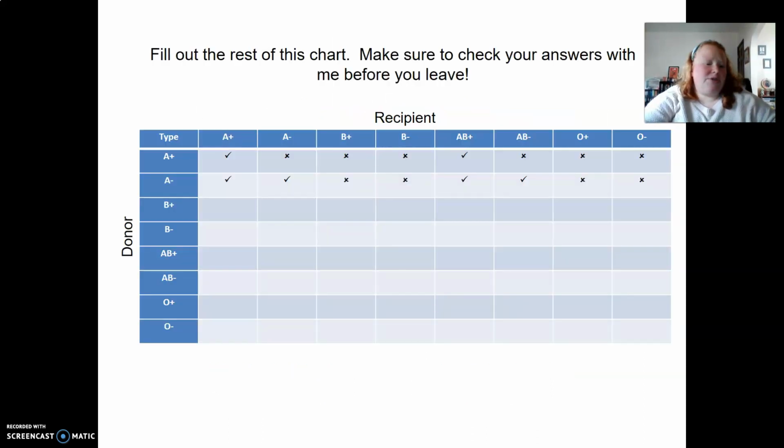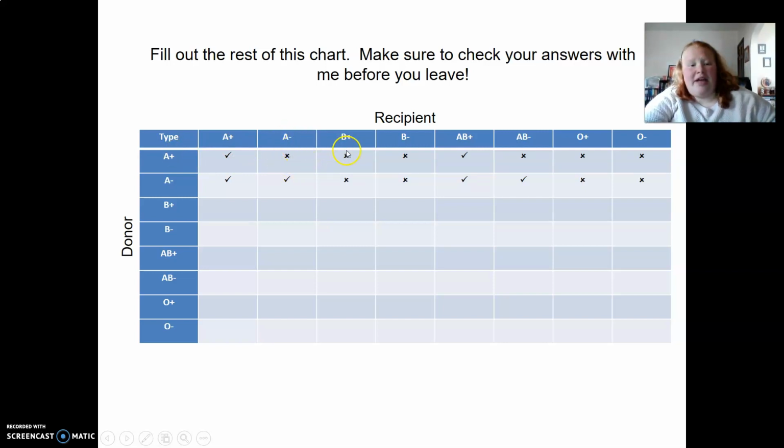Okay, so what I want you to do before you move on to the homework is work through this chart. This is not for points, it's just to help you get things sorted out in your brain. So we have the donor on this side and the recipient on this side, and I want you to put a check if the donor can give to the recipient, and an X if it cannot. So, for example, A positive, I have checked for A positive, but X'd for A negative because A positive has the Rh antigen, A negative does not.